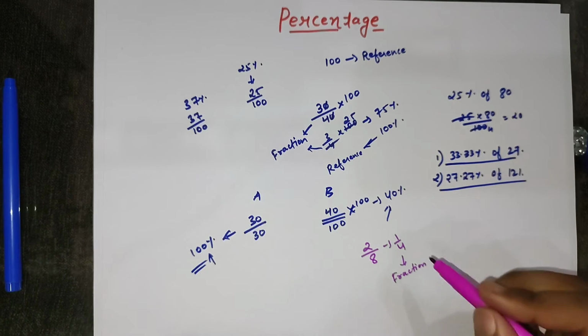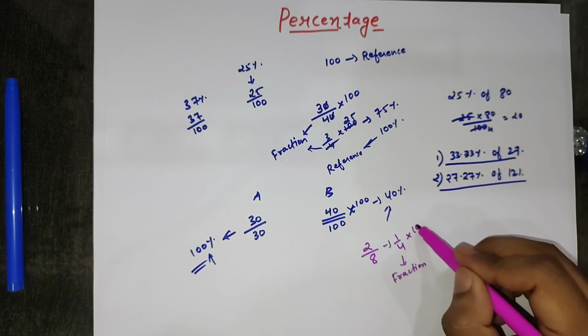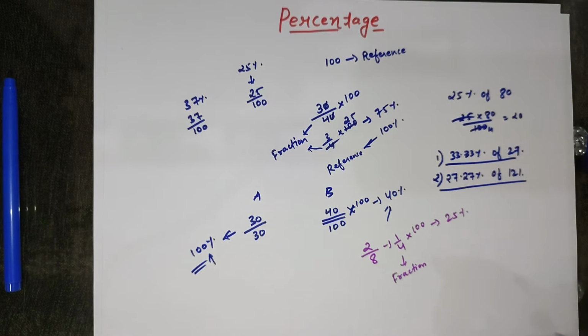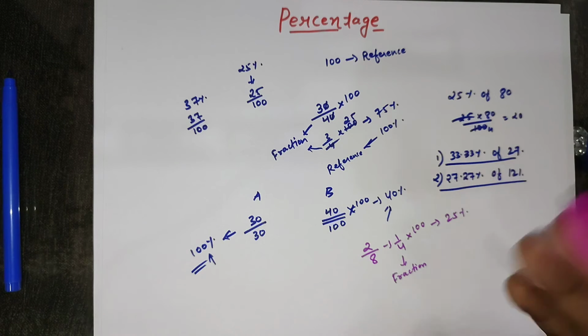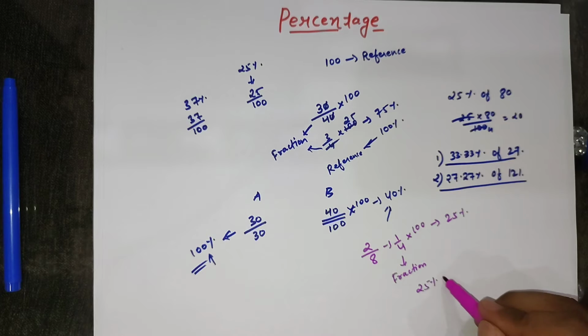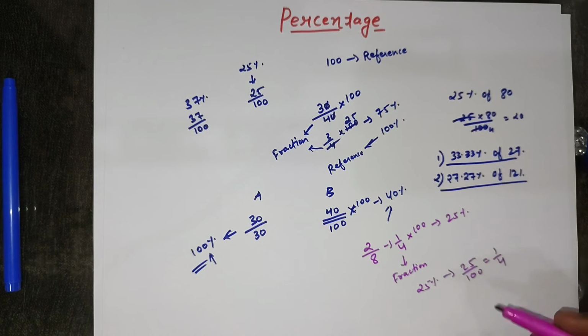Now I have to convert this into percentage, so I'll multiply this with 100 so that it becomes 25%, right? And vice versa is percentage to fraction conversion. If I say that I have 25%, just divide it by 100, 25 by 100, it will be 1 by 4, so it is converted into 1 by 4.